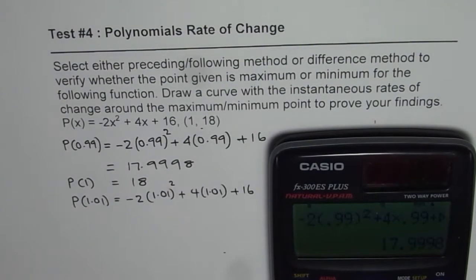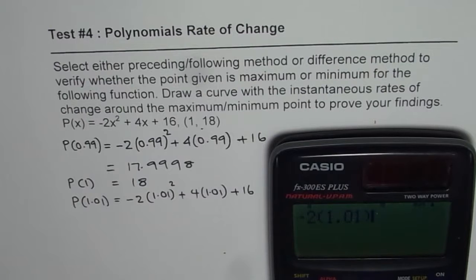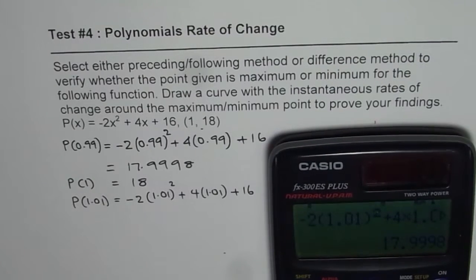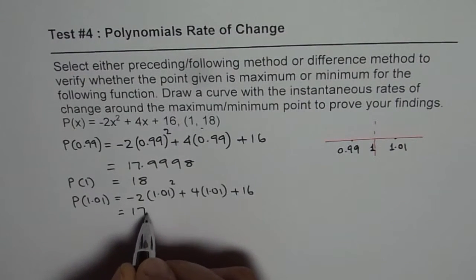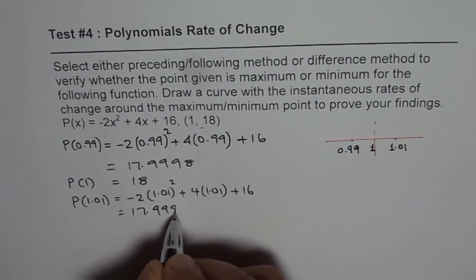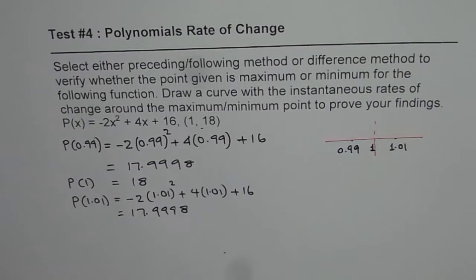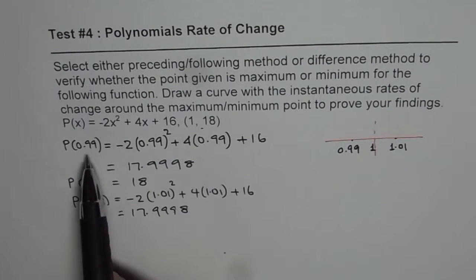Minus 2 within brackets 1.01 squared plus 4 times 1.01 plus 16 is equal to 17.998. So that is also 17.998, right? So we have the values of the function 0.01 to the left and right of the given point.